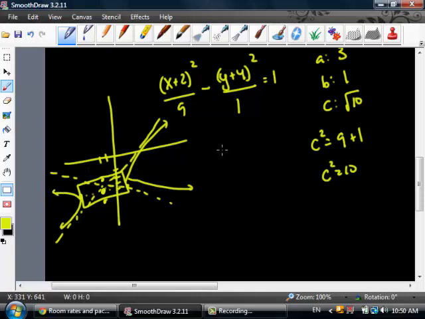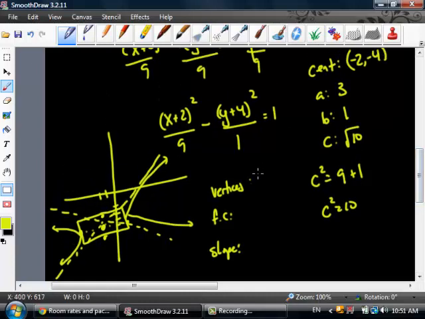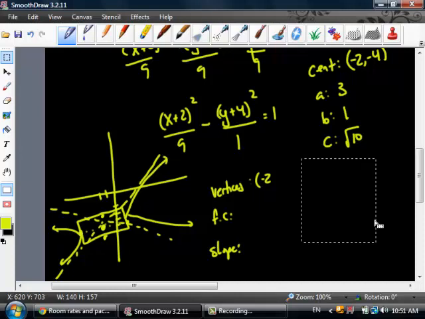All right, so now what I've got here is I have to identify the vertices, the focal coordinates, and the slope of the asymptotes. The vertices. Where do I always center my vertices? Chris? In the center, right? That's kind of a loaded question right there. So negative 2, comma, negative 4.